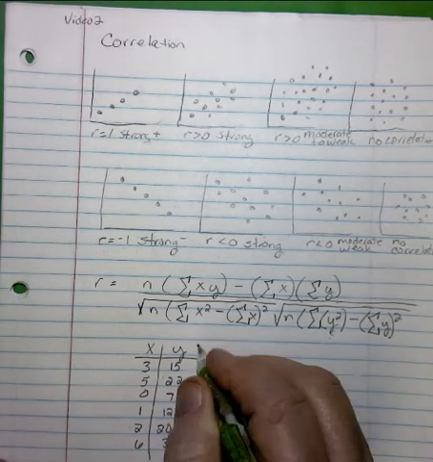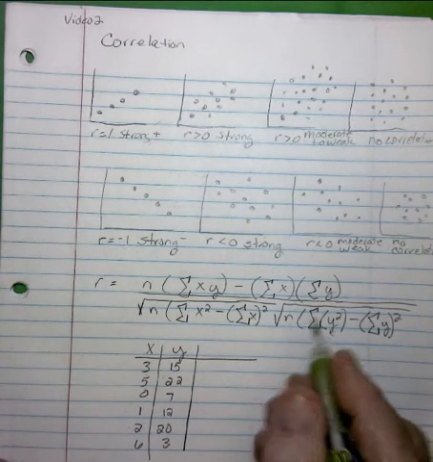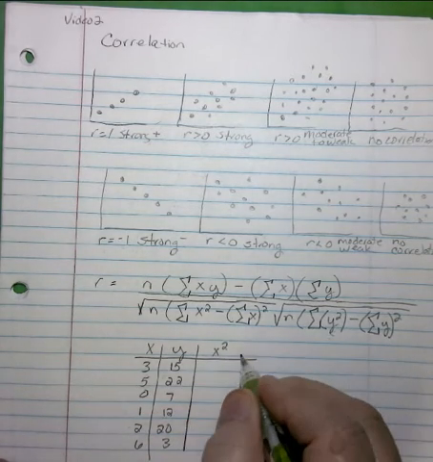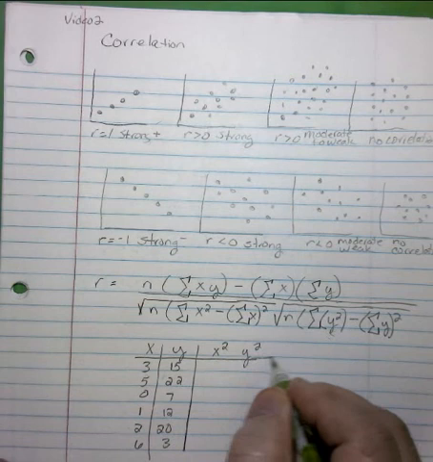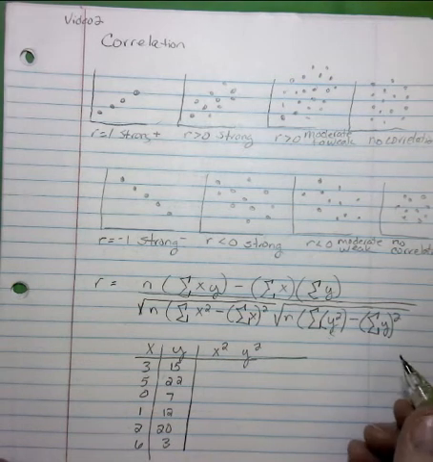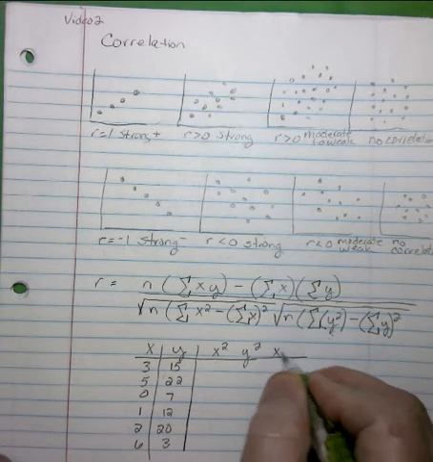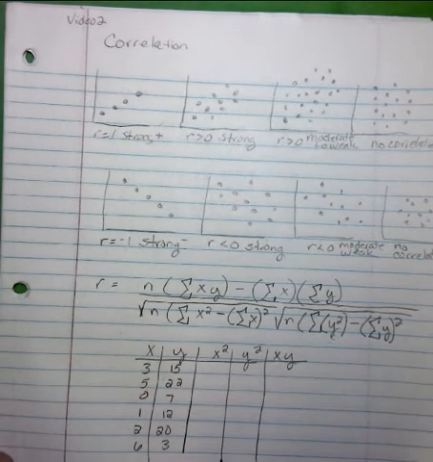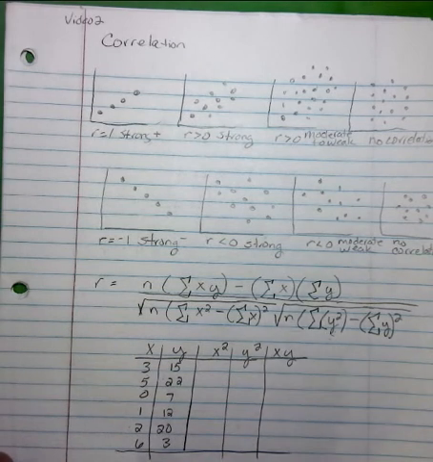And so we want to extend this table. We want to find x squared, y squared, and xy. And then we're going to want to find the sums of all these.